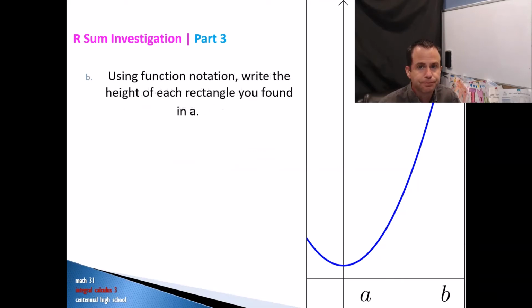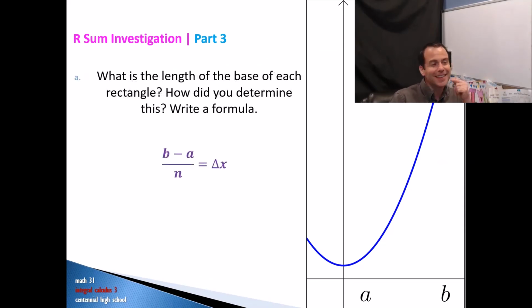Now, using function notation, write the height of each rectangle. Well, remember what we did: when the base was a half, we started at f of 1, then we went to f of 1.5, then f of 2, then f of 2.5. This time the base is the increment of x, right? We just said that the increment of x represents the length of the base of the rectangle.